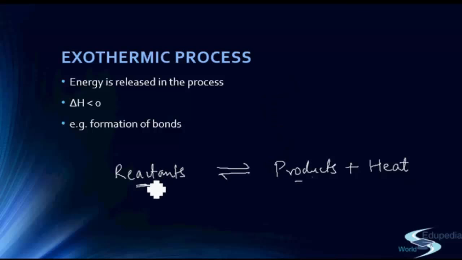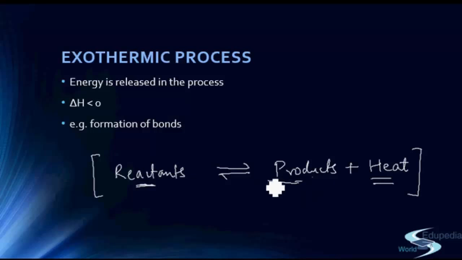So here when reactants change into products, it was accompanied by release of heat. So this is how an exothermic reversible reaction looks like. It is going to be exothermic only in the forward direction. But when I look at it in the reverse direction, that is in the backward direction, what is happening over here?